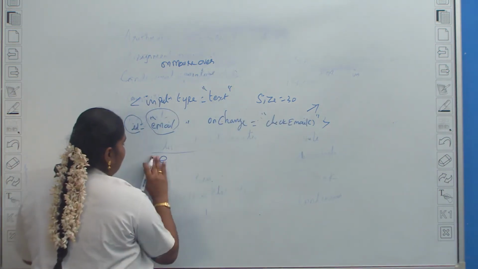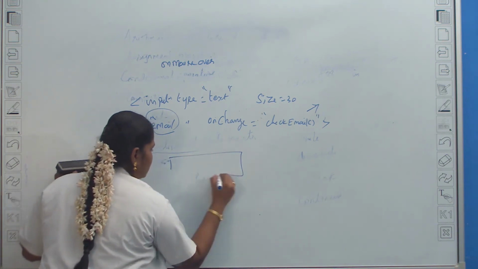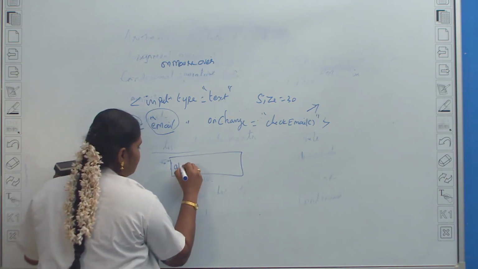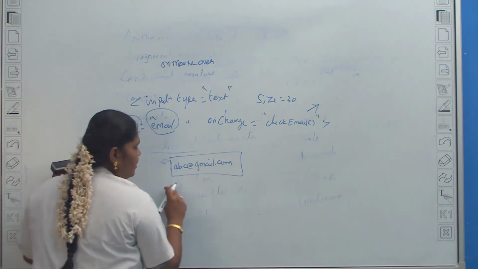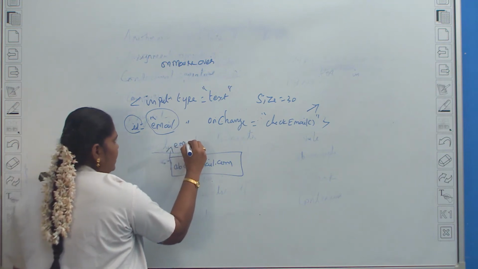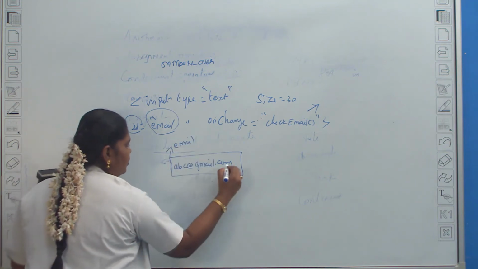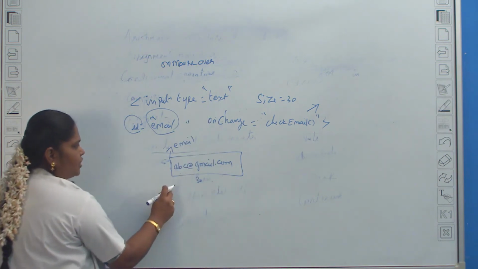For example, this tag will be used for a text box. This is a text box, I am going to write abc@gmail.com. So this text box ID is called email, the size is 30, and the type is text box. So this is a simple example.